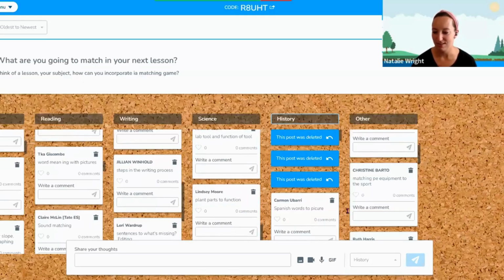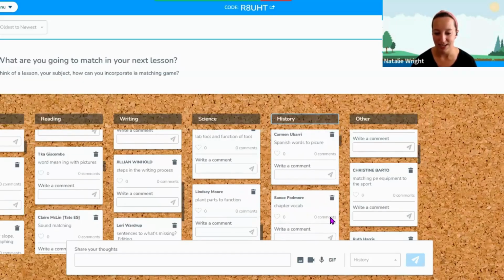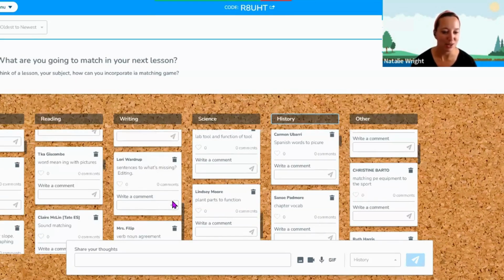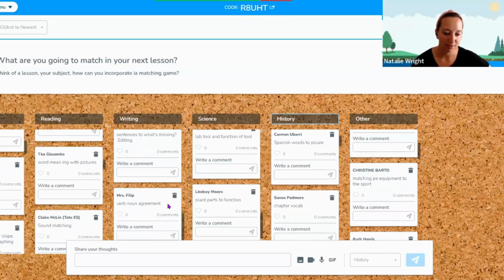Plant parts to function. Oh, you guys have so many good ideas. So make sure if you are scrolling through your subject, write down any ideas that you can use. So thanks for sharing your ideas. Oh, sentences to what's missing, as in like editing. I like that.